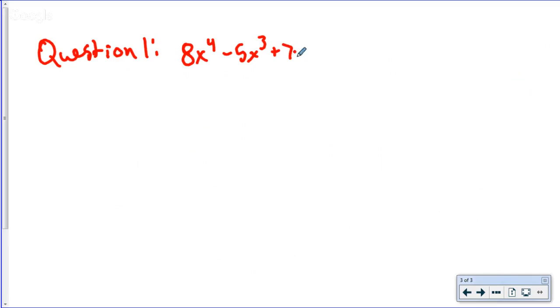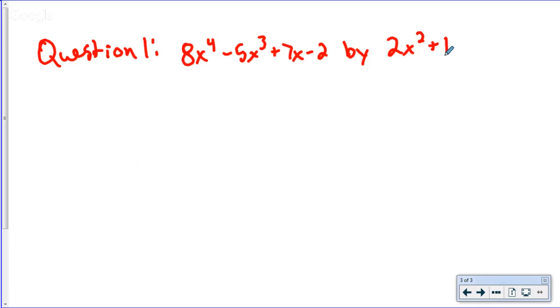So we've got some questions here. Question 1 is, if I divide 8x to the fourth minus 5x to the third plus 7x minus 2 by 2x squared plus 1, your question is, what method do I have to use?